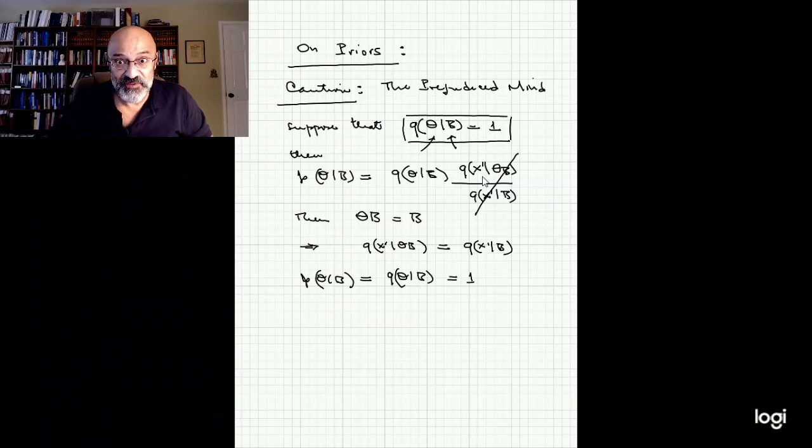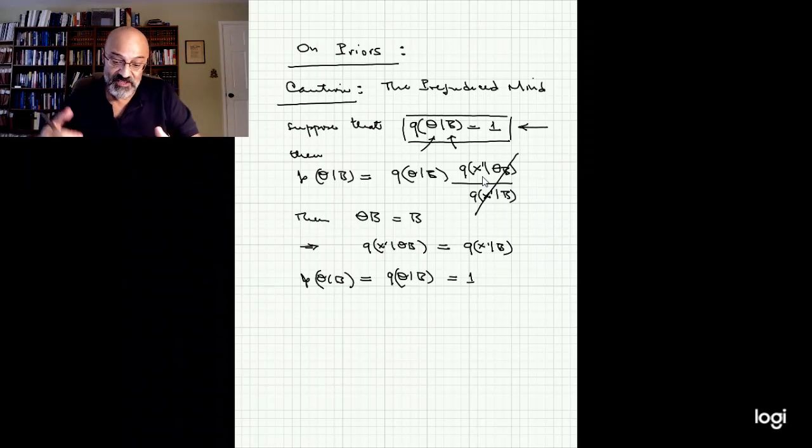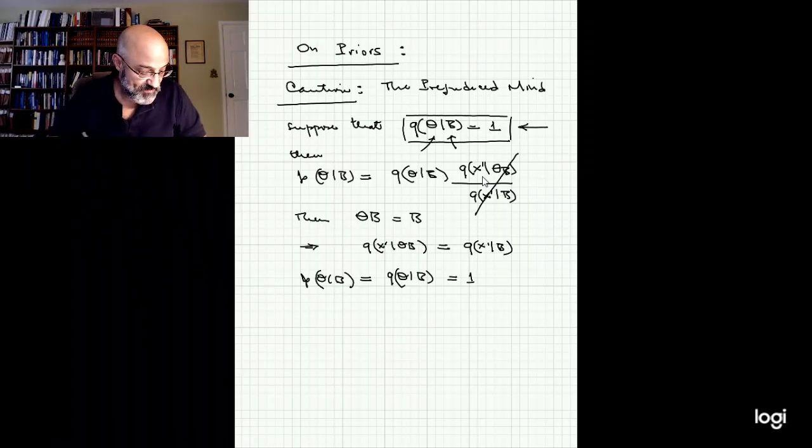So the conclusion to be drawn from this is that you have to be extremely careful to assign probabilities 1, or equivalently probabilities 0, to something. The same thing works for probability 0.